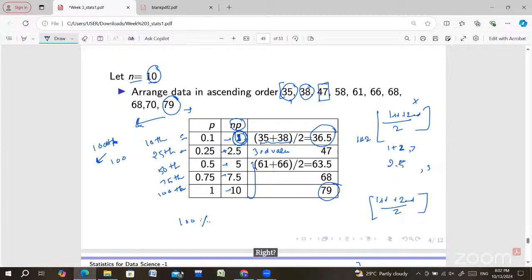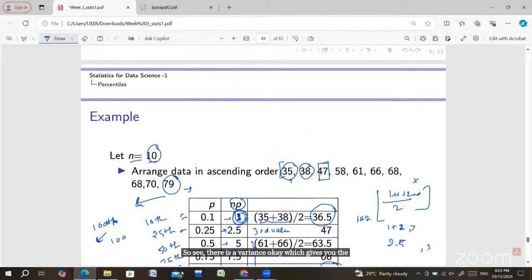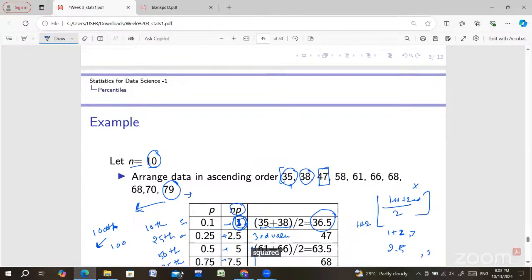Ma'am, suppose I calculated the variance as 25.6, something like that. What does it mean? See, variance gives you squared units of the data set, and standard deviation gives you the same unit as in the data set.